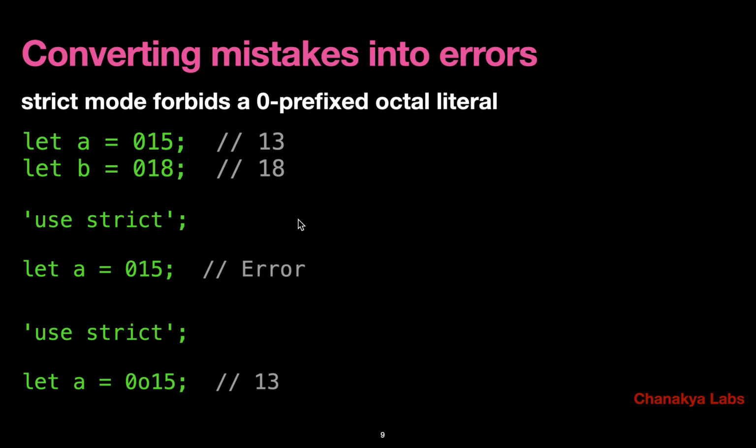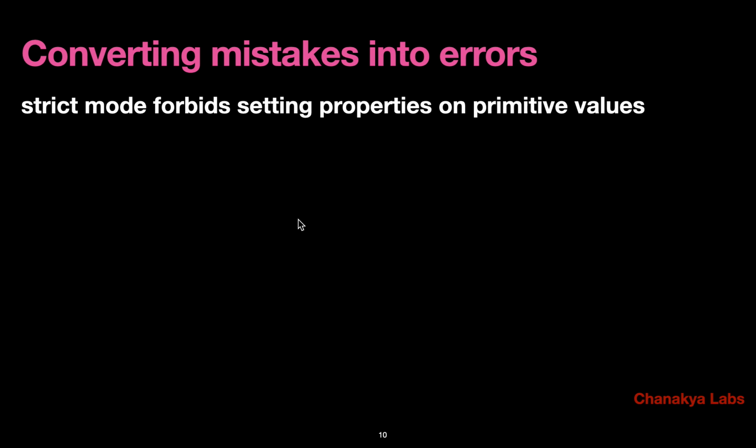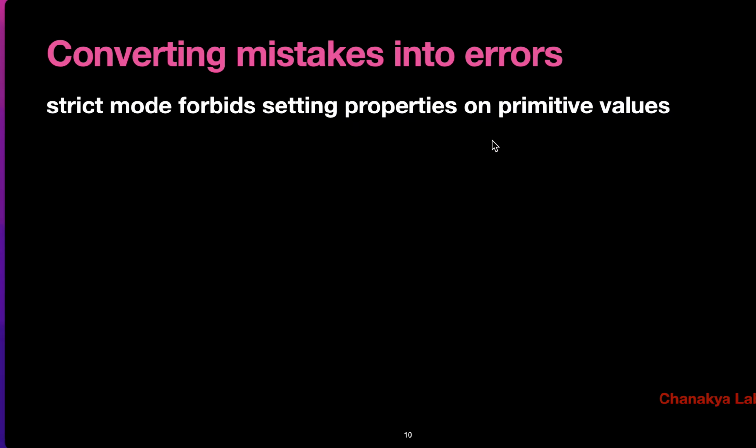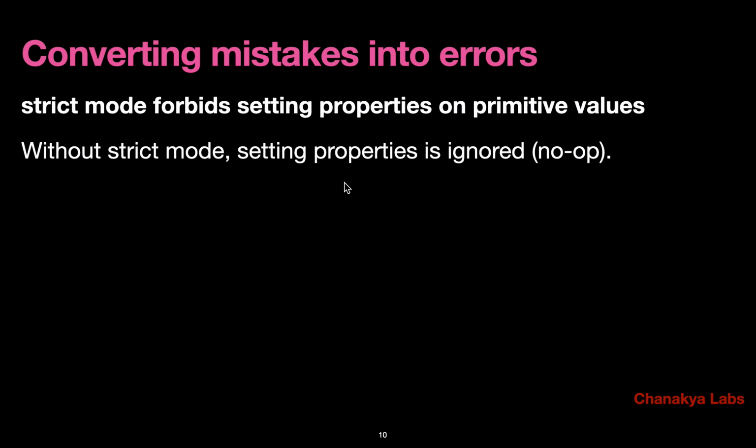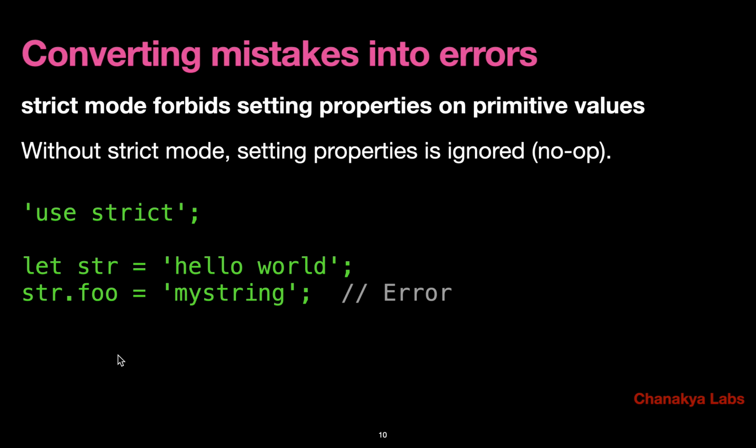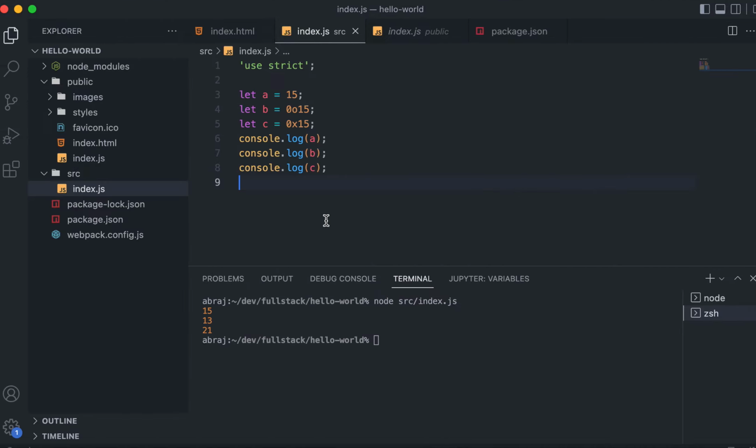Apart from that, one common mistake is that, let's say you have some primitive type, and by mistake you change some attribute of that thing. This will be silently ignored in non-strict mode, but in strict mode it will throw an error.